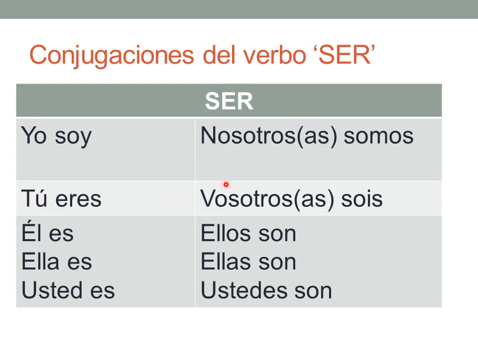This is in the singular, and then we have nosotros or nosotras somos, vosotros or vosotras sois, ellos son, ellas son, and ustedes son. And we had previously learned the first ones, the singular form, but now we're also adding the plural. So again, we have soy, eres, es, somos, sois, and son.